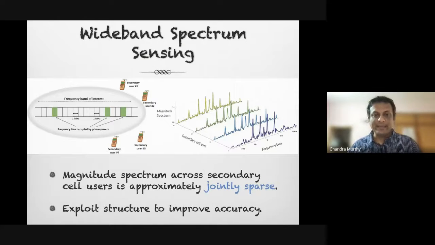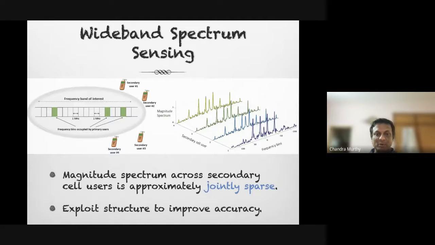In that case, each secondary user is taking measurements of the entire wideband signal, and they need to exchange this information. For example, if there is a centralized controller, they could all send their measurements to it, which will then solve a simultaneous sparse or joint sparse recovery problem to determine which frequency bands are occupied.